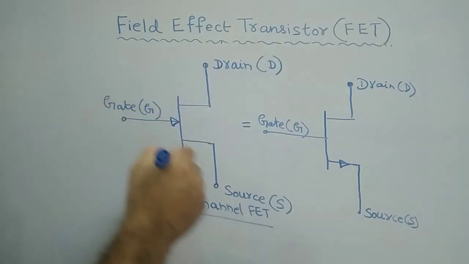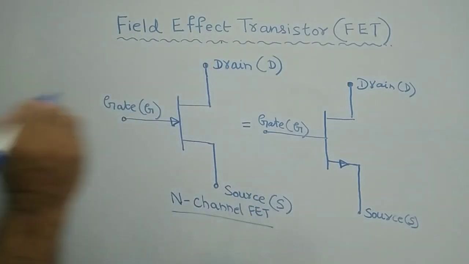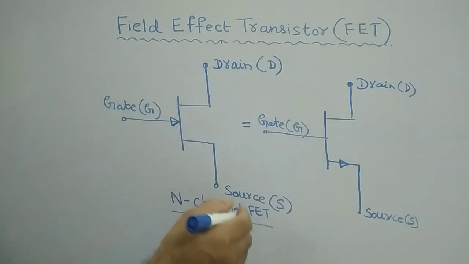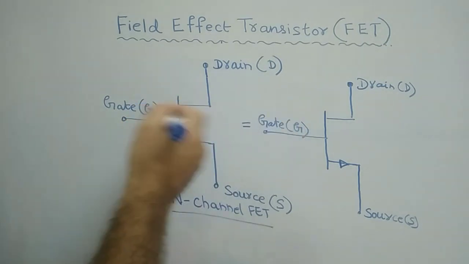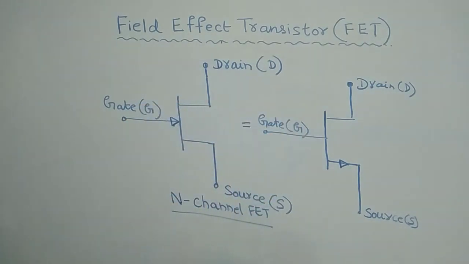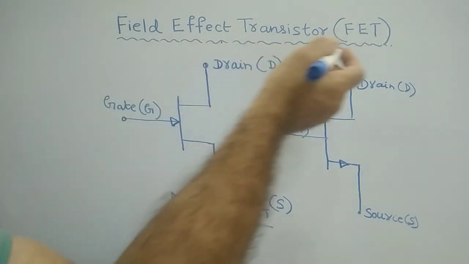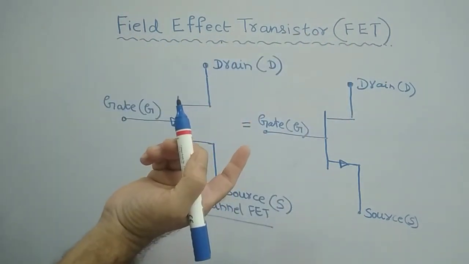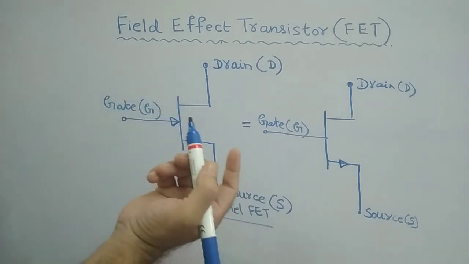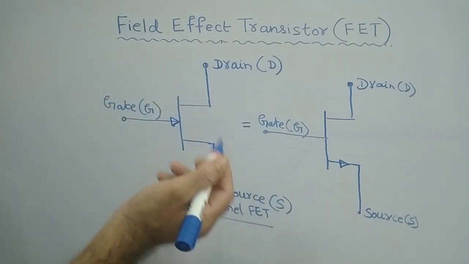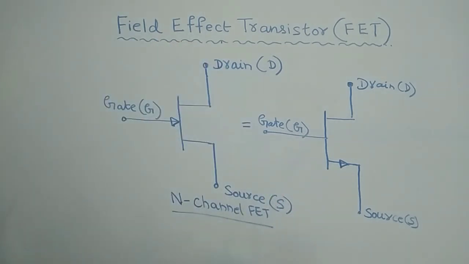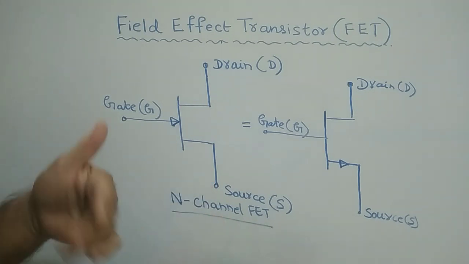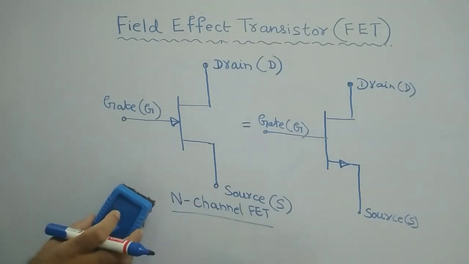These are the three terminals of the N channel FET. Similarly, you can represent the same for the P channel. Basically in FET you have two classifications, N channel FET and P channel FET. What a channel is, I will explain a little later.